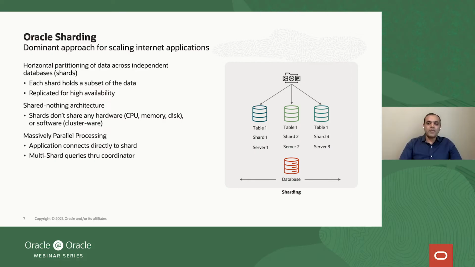So at runtime, when an application wants to query data for a given sharding key, which you can think of as the way you are partitioning the data, in this case say customer ID, the application gets connected directly to the node where the data resides. For example, if we ran a query for customer ID 1, our drivers, without you having to change the application, connect directly to, say, server 1, where shard number 1 is residing.